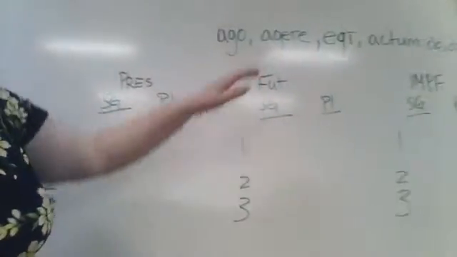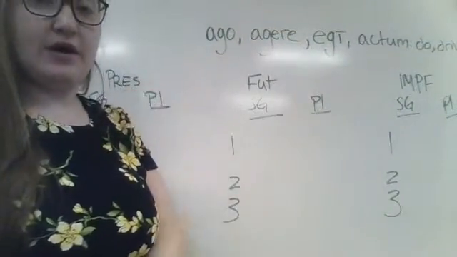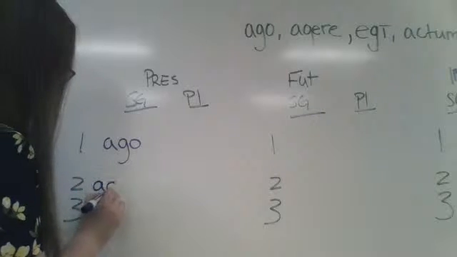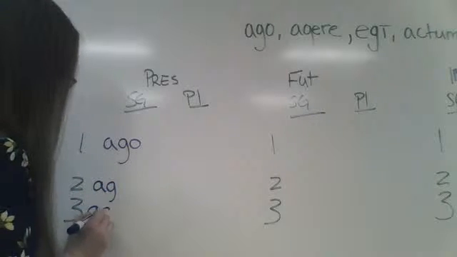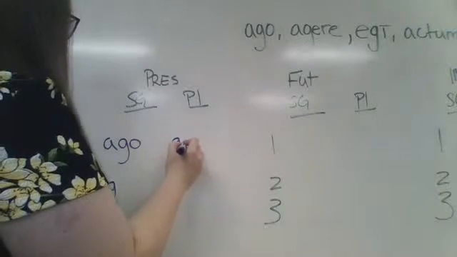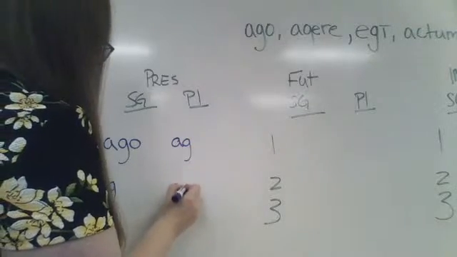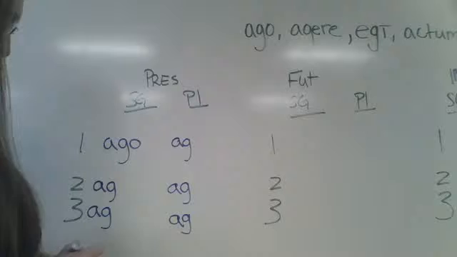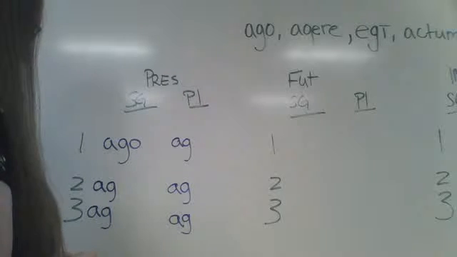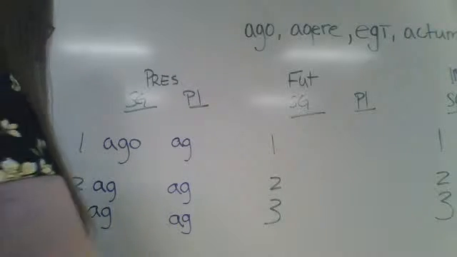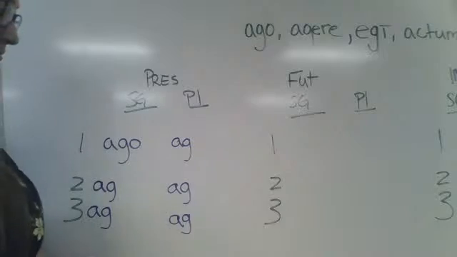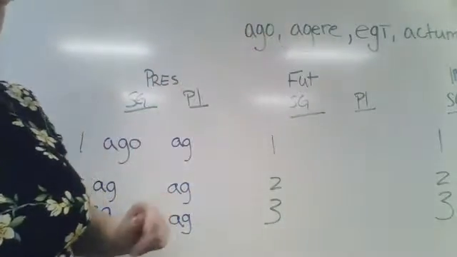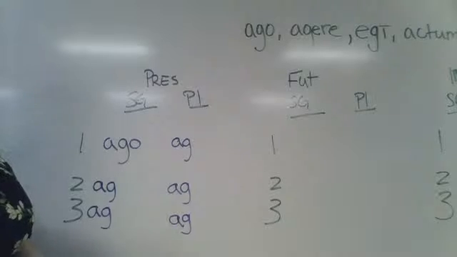We go to our second part, we cut off the RE, and we find our stem. Now, I mentioned that the E in ago, agere is not long, it's short.